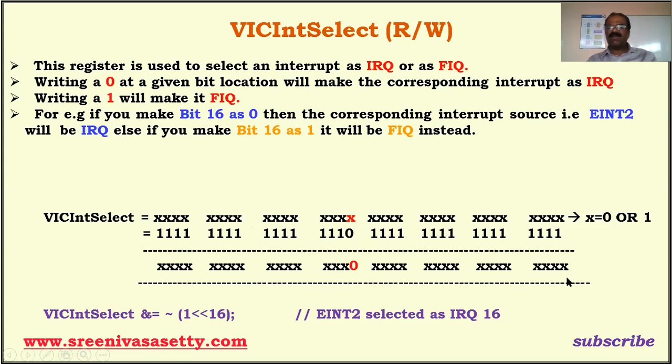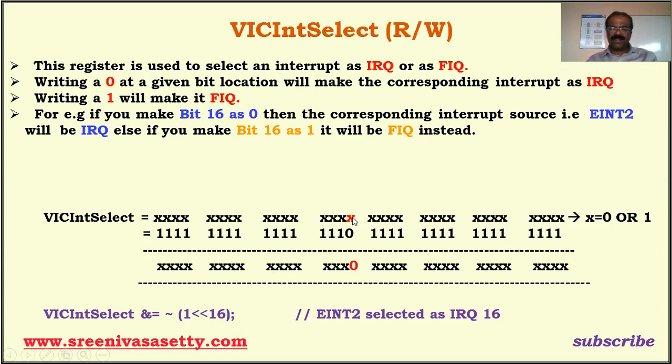If it is 1, we get 1. Whatever information we have in the x bits is retained as it is. You are not supposed to disturb the tasks that are going on.